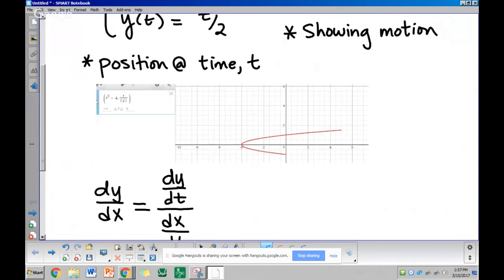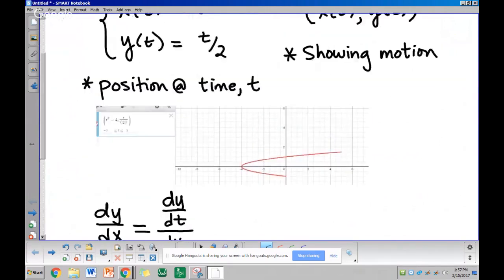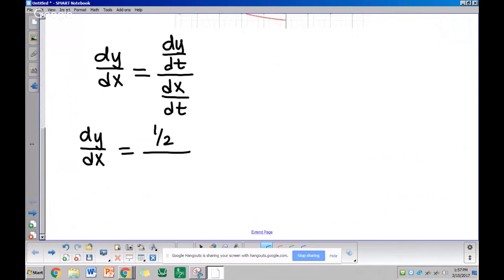It's 1/2. And what's the derivative of x? It would be 2t. And we can simplify this.